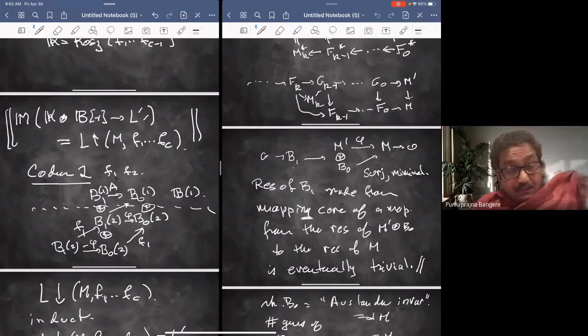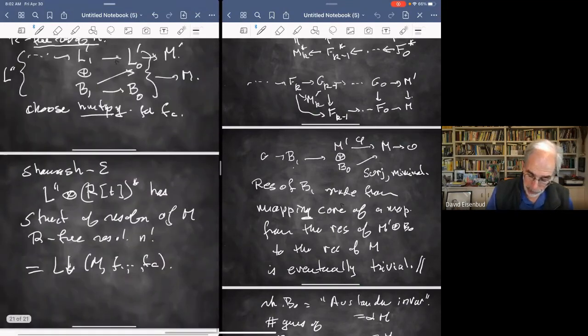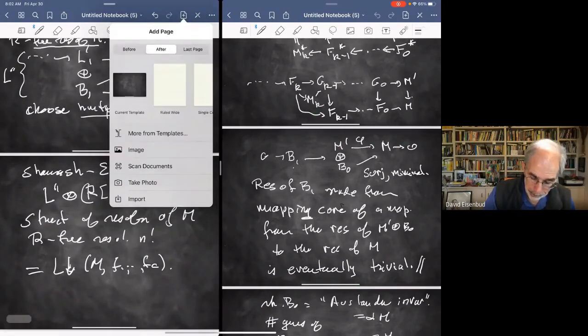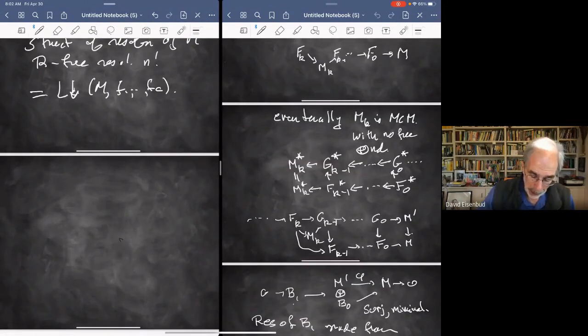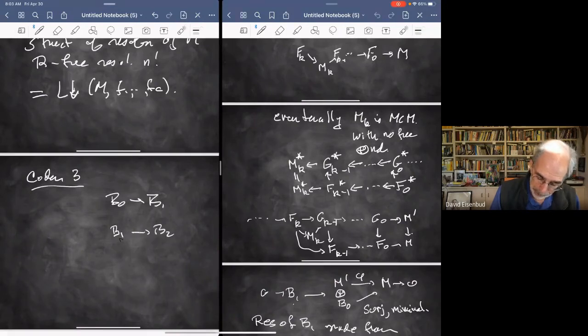So if you write it for codimension 3, you'll have 3 layers. That's easy to write down and looks more or less the same. So in codimension 3, you'd have B0 to B1. Oh, I didn't put in all the maps before. Let me be more honest this time. I'm doing this completely wrong. Let's try again.